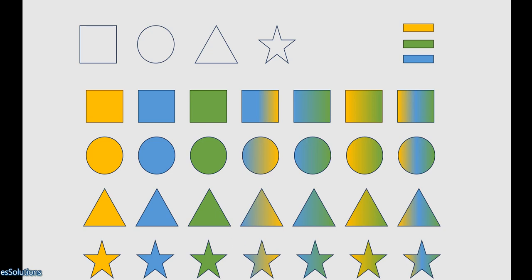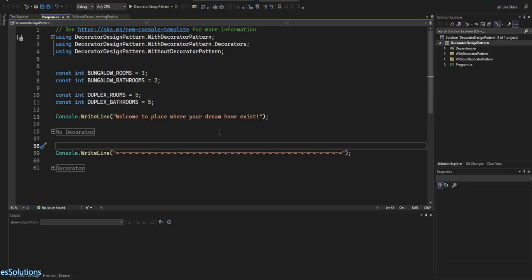So let's look at how it looks in the code. Here, this is a simple console application based on .NET 7, for a house renting system. Imagine we have a situation where we advertise houses.